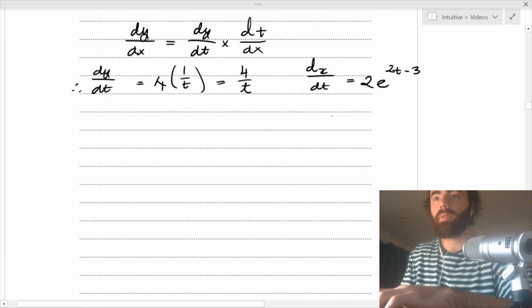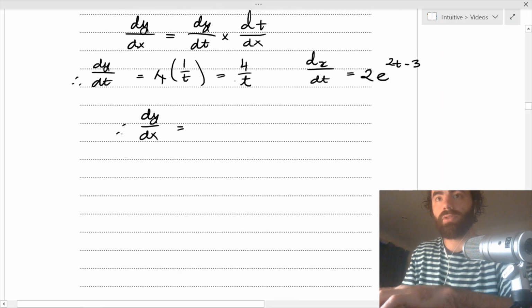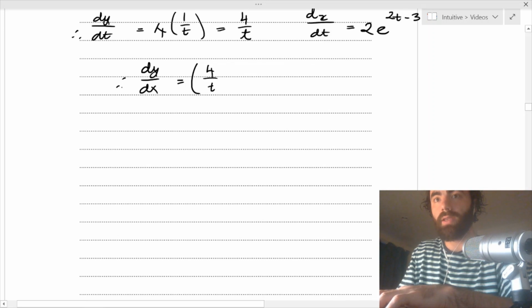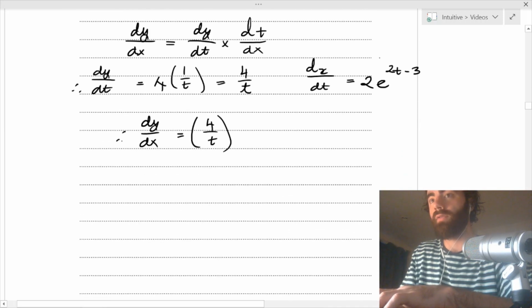Okay, so now we have dx by dt and dy by dt. Now we can find dy by dx. So dy by dx equals dy by dt, which is 4 over t, we found there, times dt by dx. So dt by dx will just be 1 over this, right?